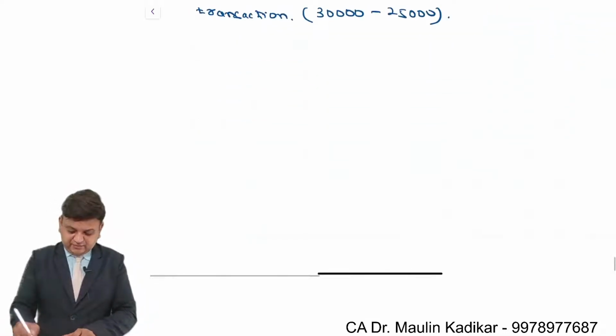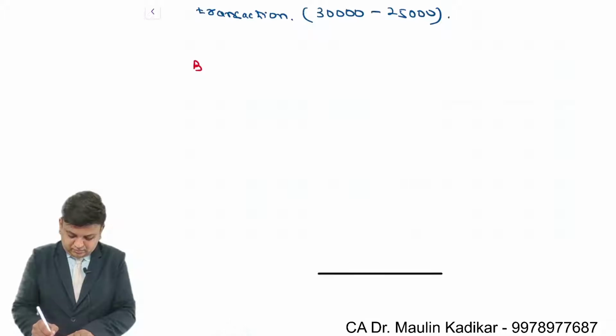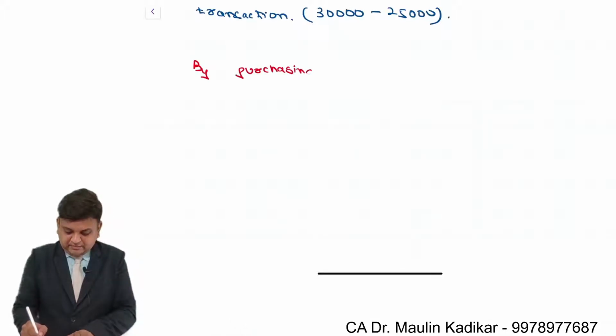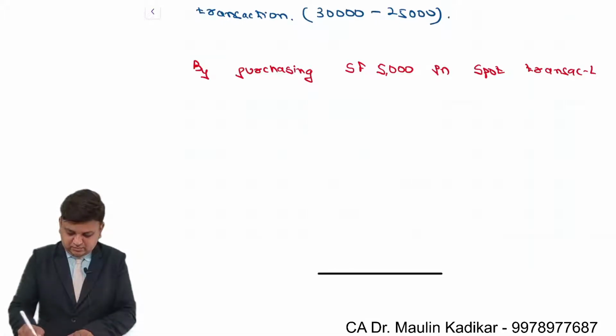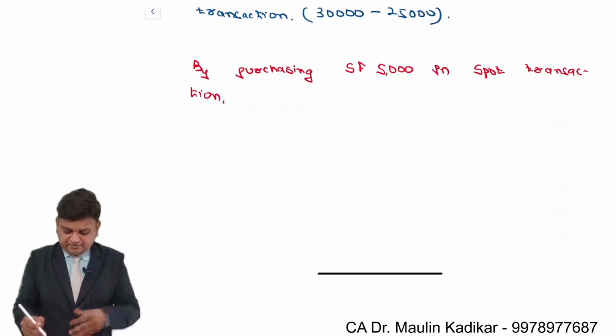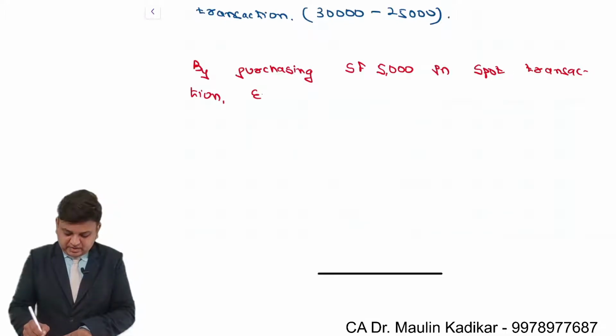So write down with paragraph. By purchasing Swiss franc 5,000 in spot transaction, exchange position will be 0.